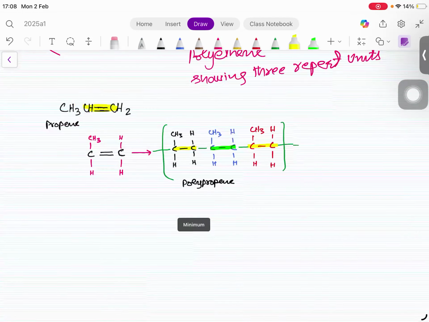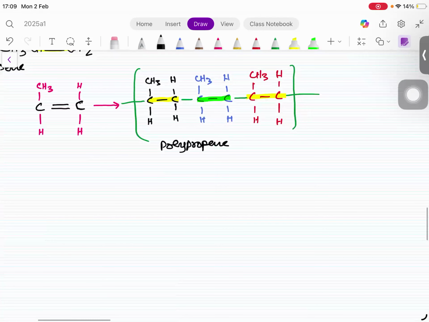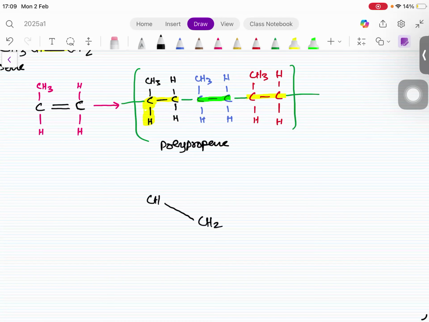Okay. Now at times the examiner asks you to draw this thing in the semi-skeletal form. They don't use this word semi-skeletal, but they ask you to draw it like this. For example, this is CH, the first one. Look, what is this? The first one, CH. And who is next? CH2. So instead of writing it straight, I'm going to put it in a zigzag manner like this. And then who is next again?